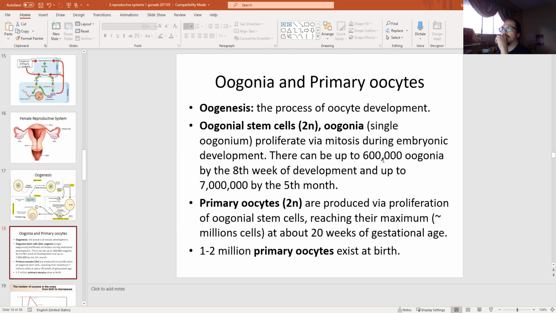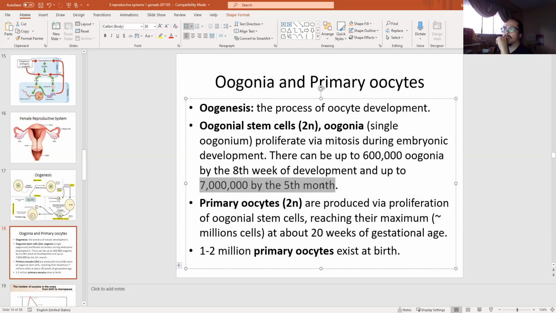If you look at the number, it's huge. Nobody will need that number of oogonia. We can reach 7 million oogonia by the fifth month, and each one will produce a primary oocyte.